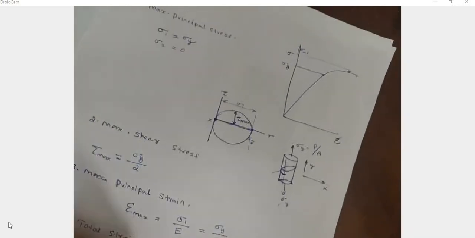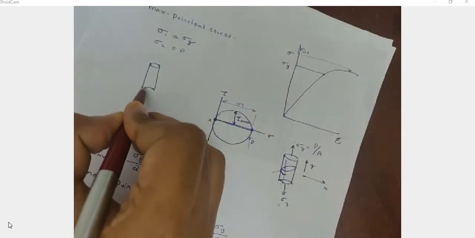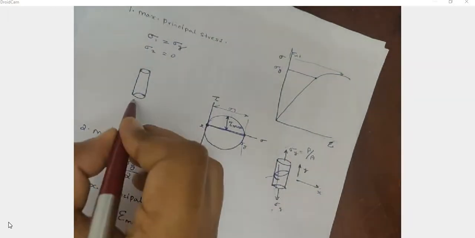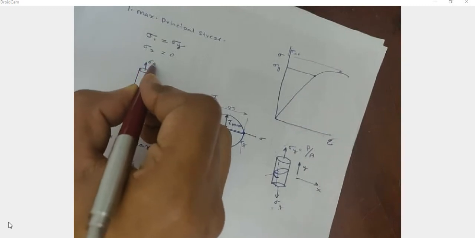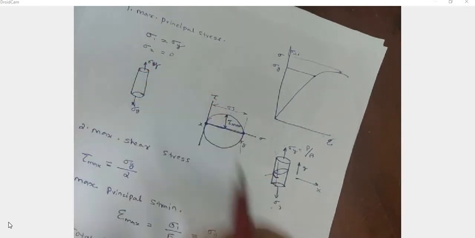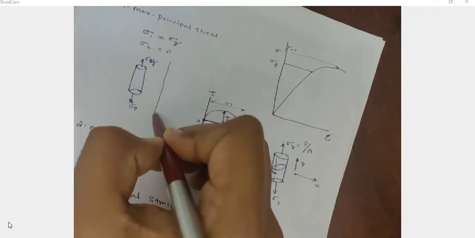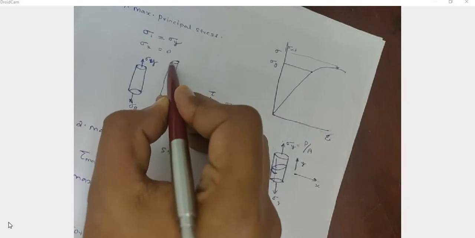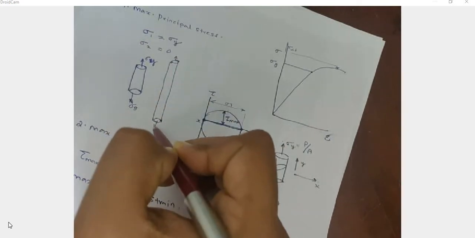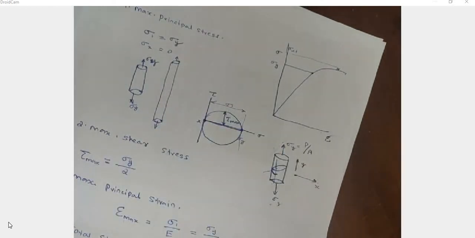So consider the yielding of the material. For example, the initial size of the member is this much. When subjected to normal stress sigma y in the y direction, its length is increased, or it is subjected to deformation, or yielding. What is the reason for this yielding?